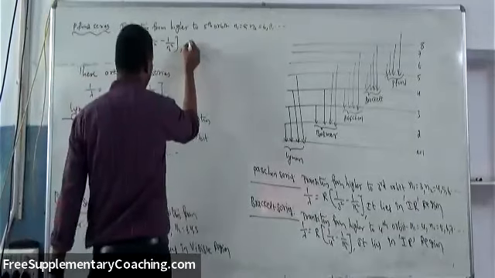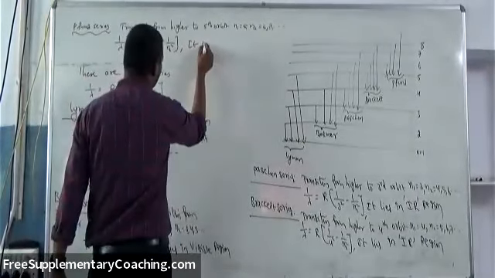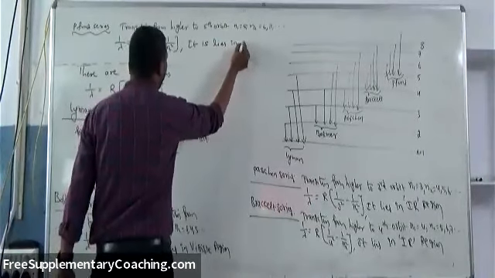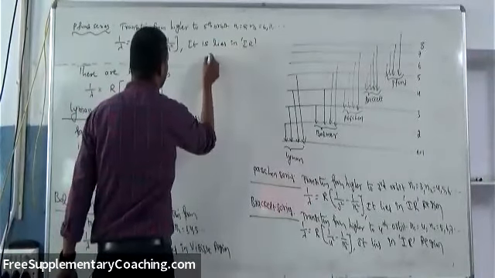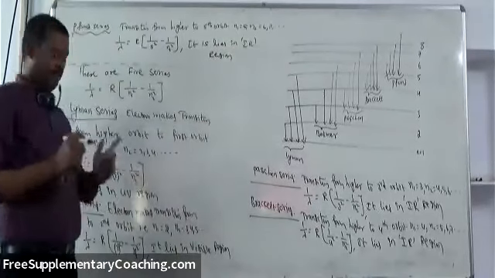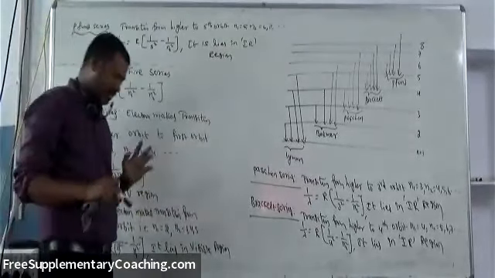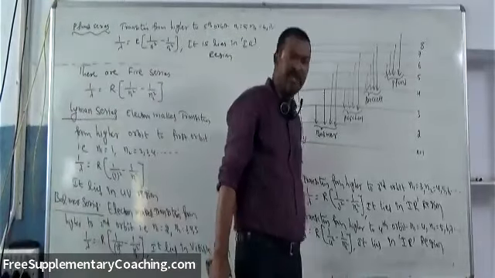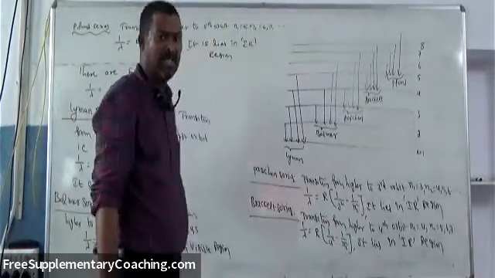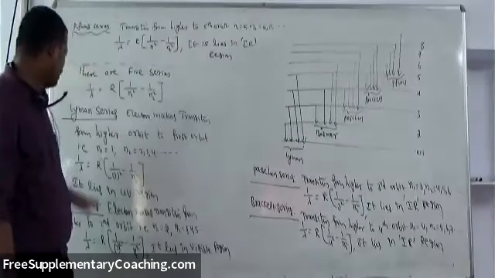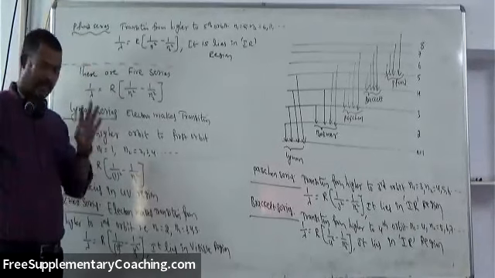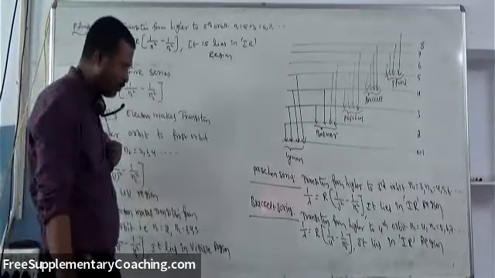And again, it also lies in the IR region. Paschen, Brackett, Pfund lie in the infrared region. Balmer series in the visible region, Lyman series in the ultraviolet region.